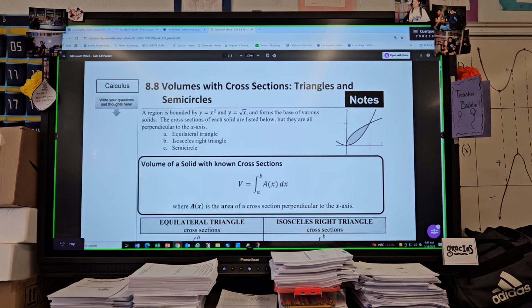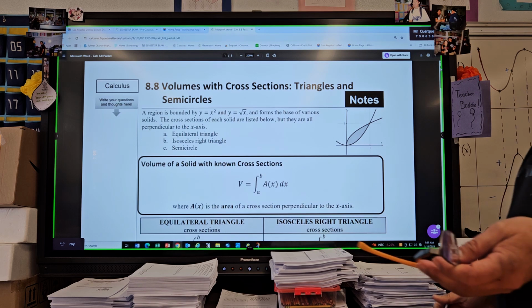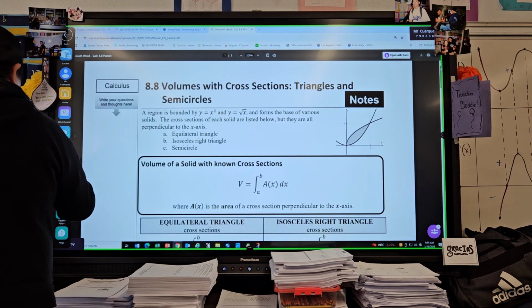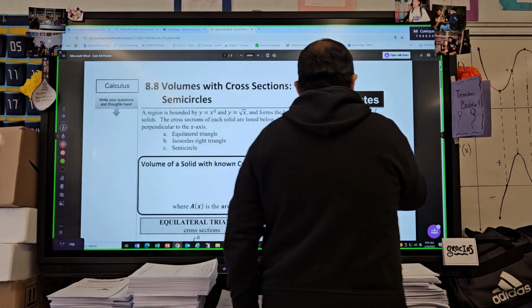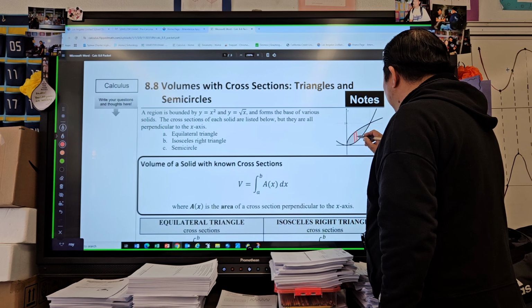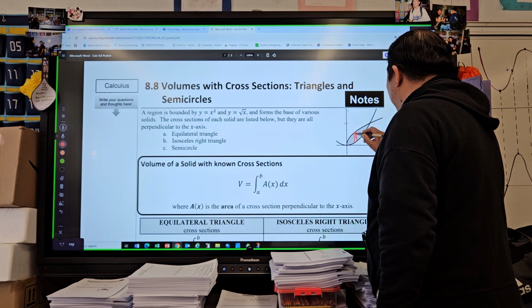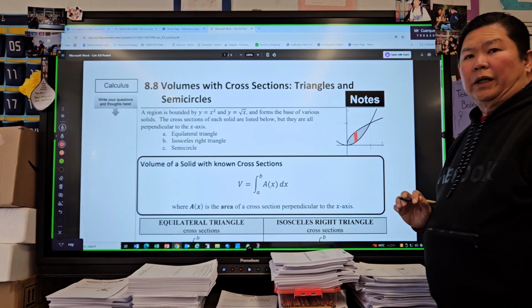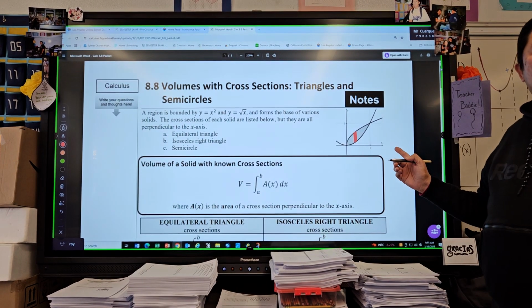So since it is perpendicular to the x-axis, that means we have this right here. Okay, clear now.